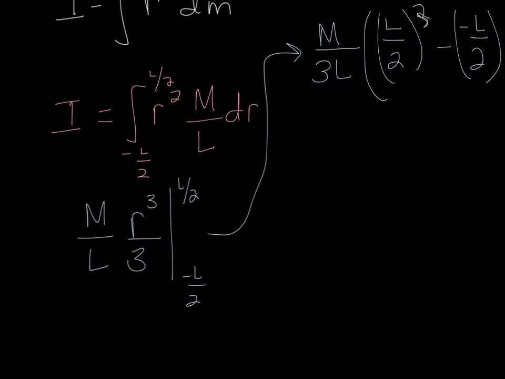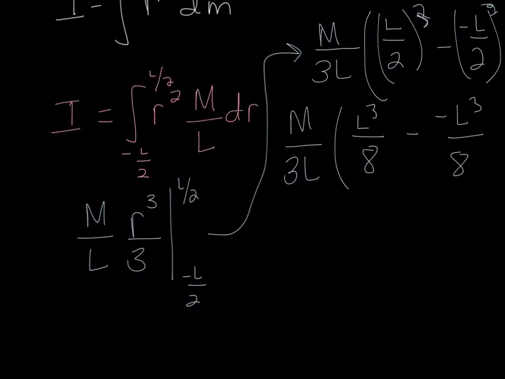Sorry, this should be cubed. And so we're going to get m over 3L times L cubed over 8 minus negative L cubed over 8.